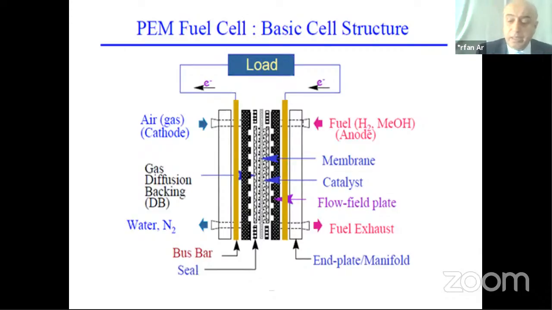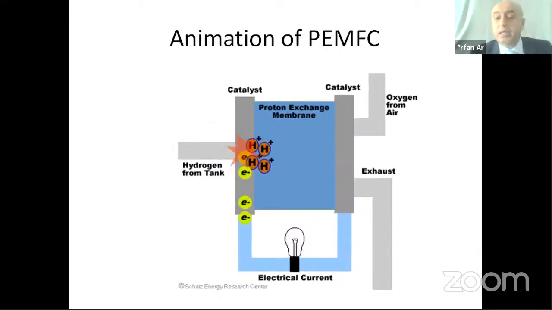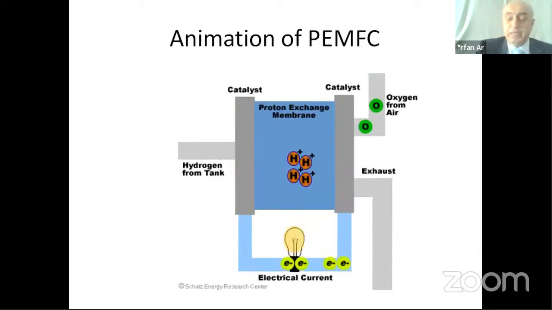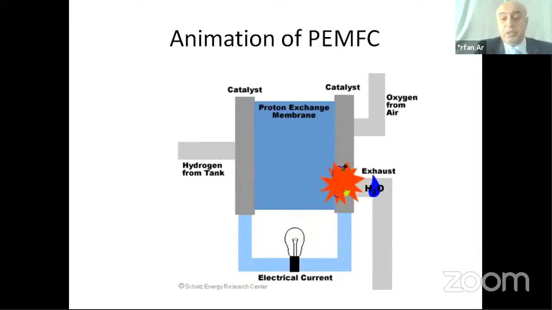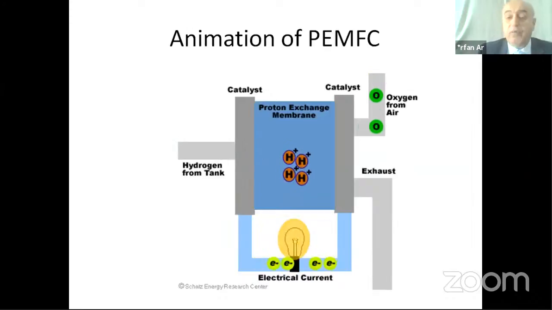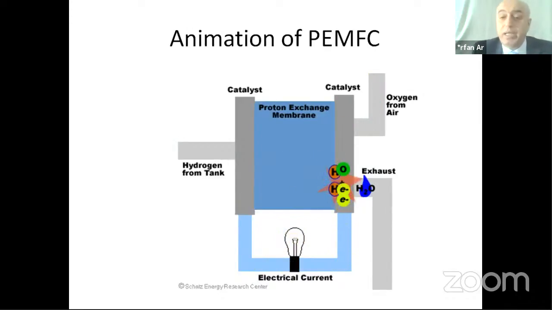And here you can see the operation of a fuel cell. Hydrogen fed to the anode is divided into protons and electrons. Electrons are connected to the cathode by an external circuit, producing electricity, whereas the protons pass through the proton exchange membrane to the cathode.